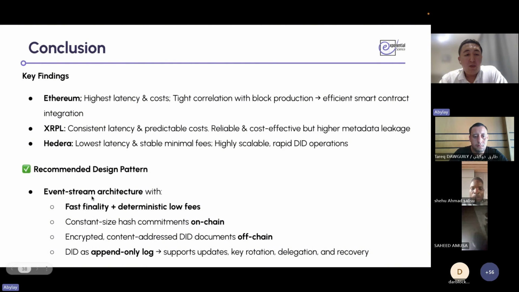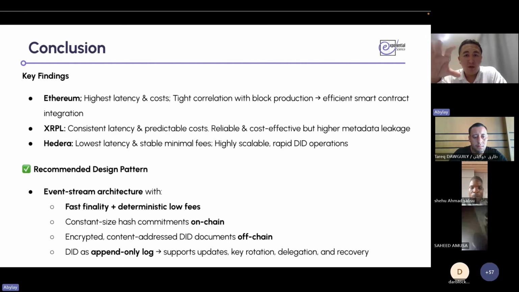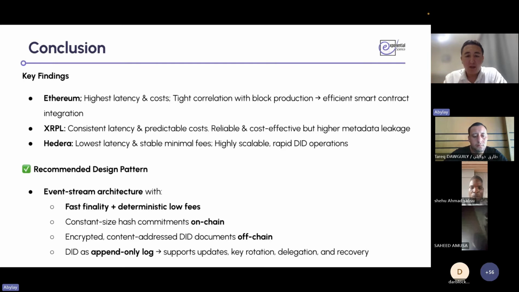Basically, the recommended design pattern is a combination of all the strengths of these DID systems. So, an event stream architecture with fast finality and deterministic low fees, like XRPL.